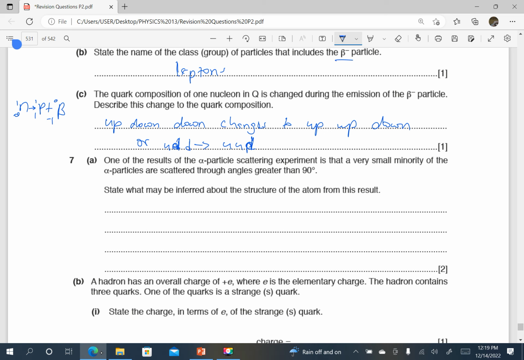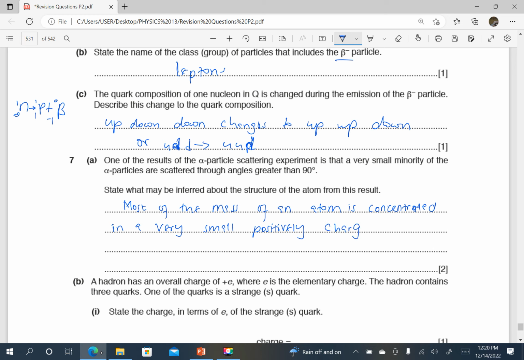If just a very small minority is scattered through angles greater than 90 degrees, it is simply because most of the mass of an atom is concentrated in a very small positively charged nucleus.